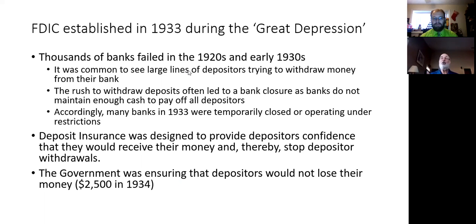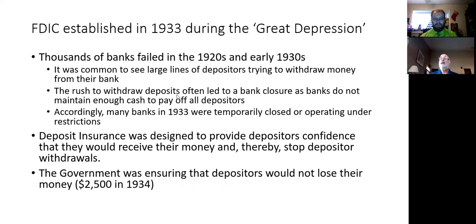And what happens when there's a run on the bank, no bank in the country keeps enough cash on hand to pay all its depositors. So when a lot of people would show up to withdraw their money, the bank would basically run out of cash, and they would end up closing.